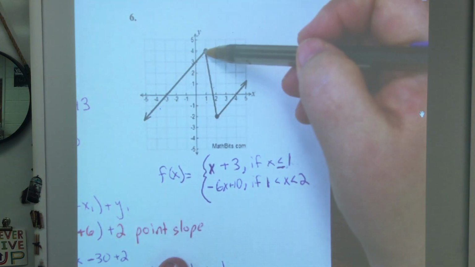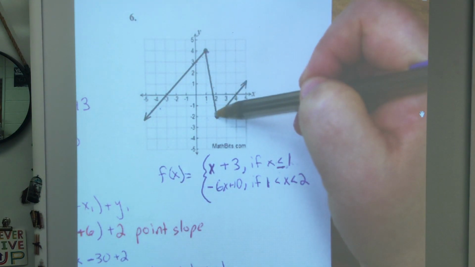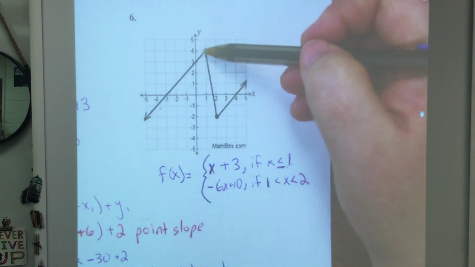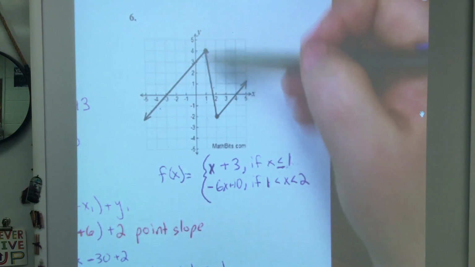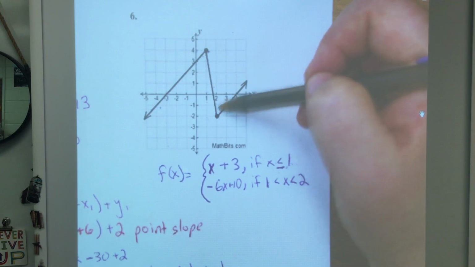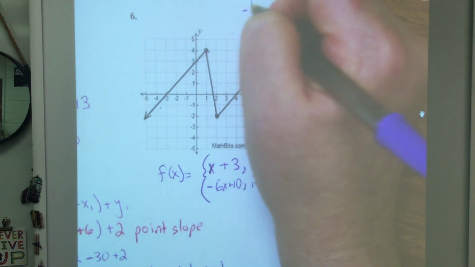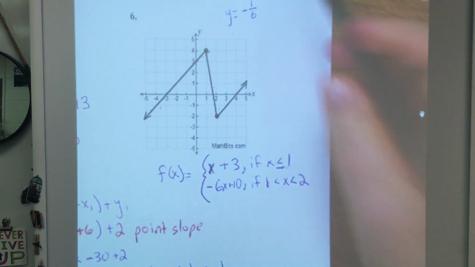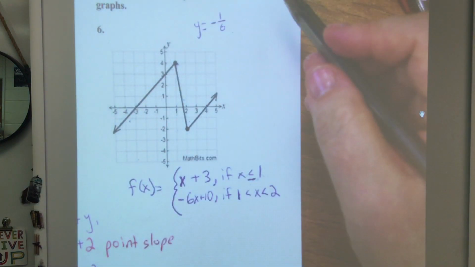in this case, I would recommend taking this point, and just like number 4, pick one of the points, put it in point slope form. So if I have -1/6, I'd have y equals -1/6.